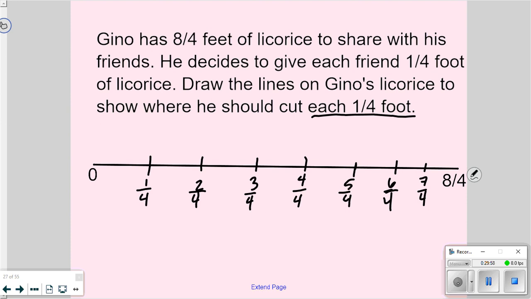Where's 1 whole foot? Madison? 4/4, aka one whole. Where's two wholes? Ariana? 8/4 is two wholes.